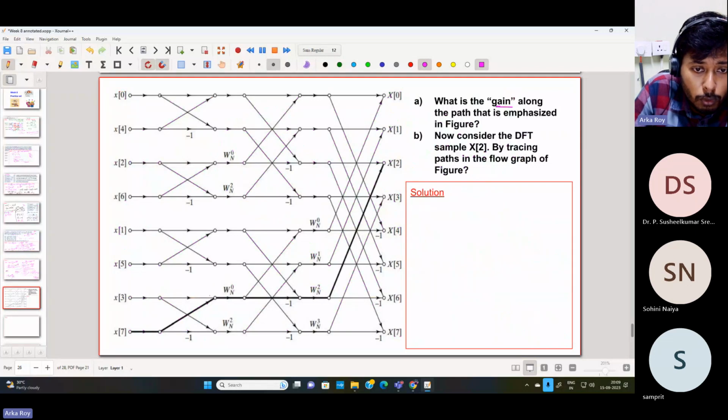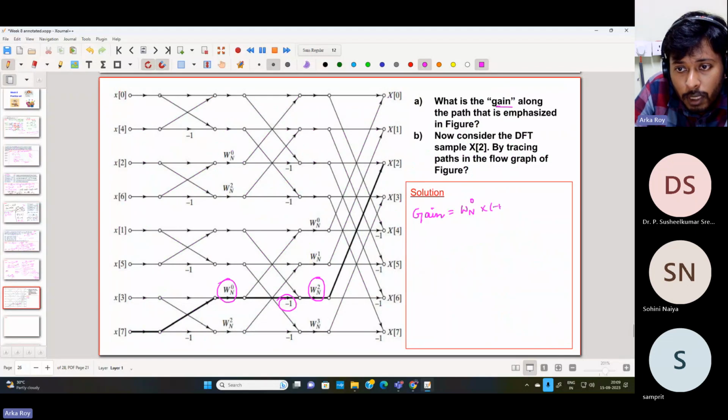So first gain component is Wn 0. Then second component is -1. Then third component is W2n, and there are no other components. So total gain will be multiplied with each other. So Wn0 multiplied with -1 multiplied with Wn2.